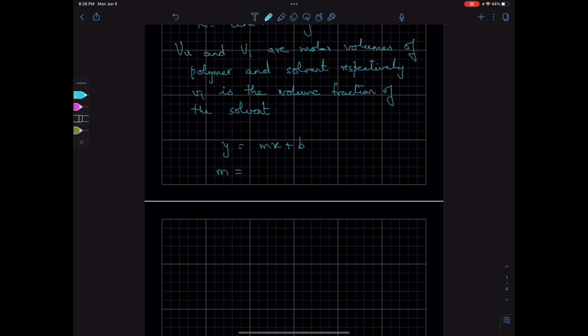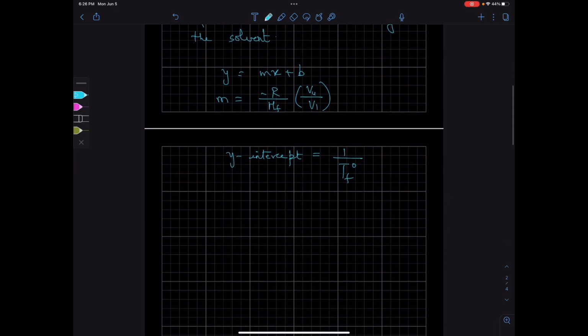The slope should be equal to negative R over delta HF times Vu over V1, and the y-intercept would be 1 over Tf0, which is the melting point of the pure polymer.